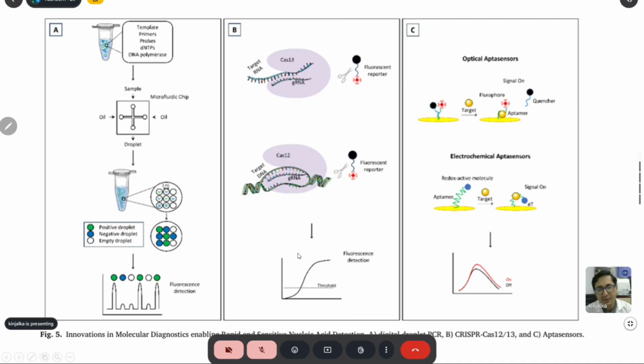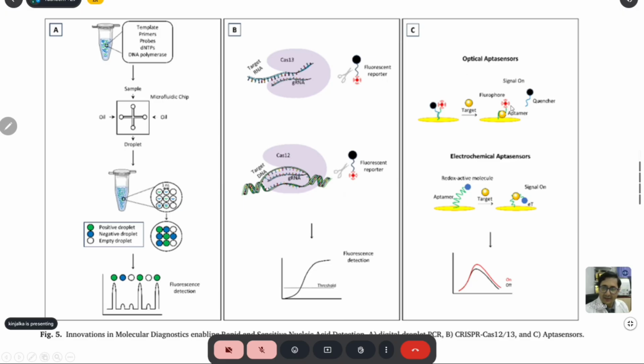Similarly, for CRISPR-Cas, you will need to look at a video because it is difficult to understand from these images. It basically snips one section of the RNA, and it hybridizes. Basically, enzymes called Cas12 and Cas13 are important here. Finally, once the hybridization is complete and the target is achieved, it fluoresces and gives out light.